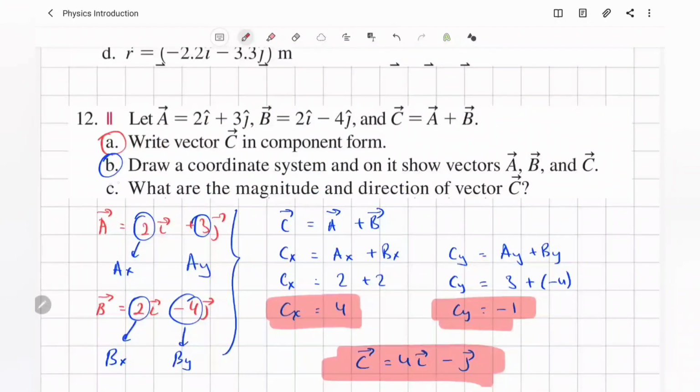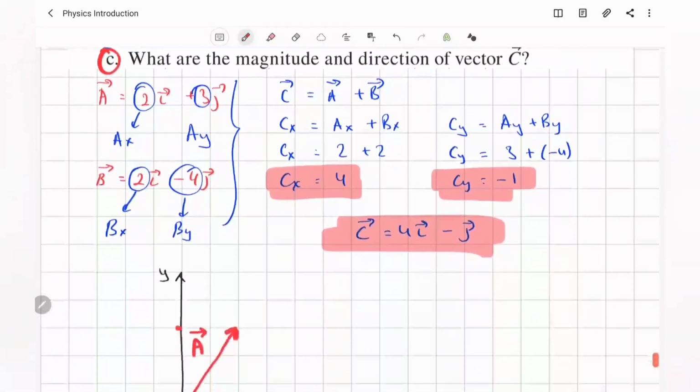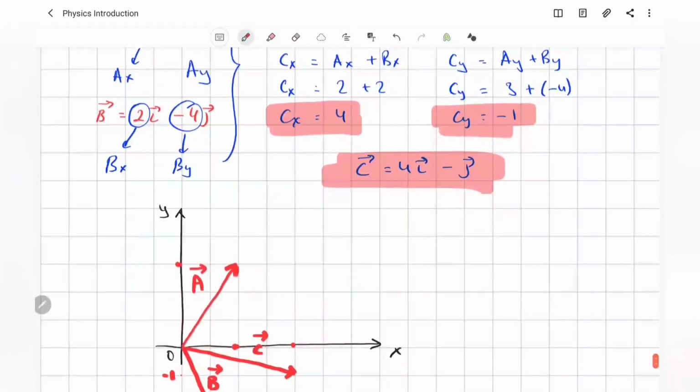Now the last part. What are the magnitude and direction of vector C? Magnitude is very simple. So C squared equals x component squared plus y component squared. So the x component is 4, the y component is -1.